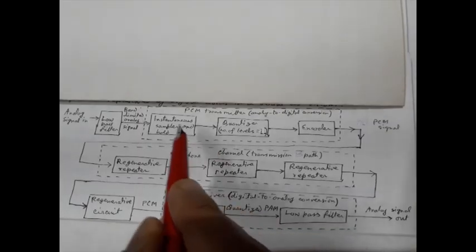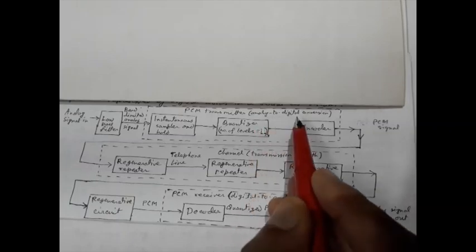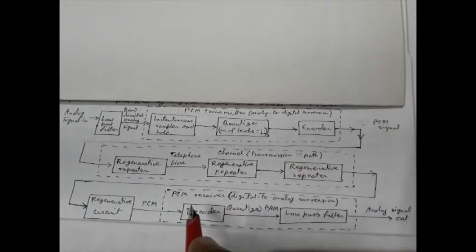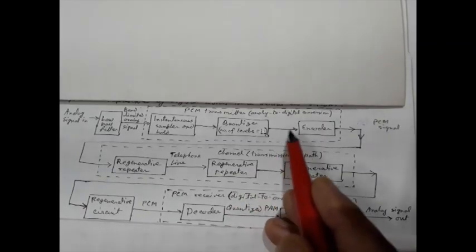So basic operation of this PCM transmitter is the analog to digital converter, and basic operation of the PCM receiver is digital to analog converter. Decoder will convert the binary signal into L-ary signal again, just opposite to that.